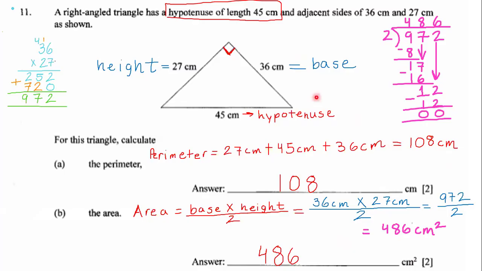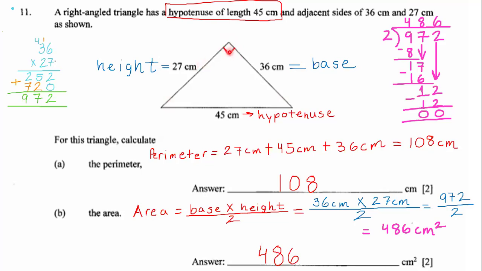How did you get 36 as the base? The thing is that you always look for the right angle. If they have a right angle, then whatever two sides are next to the right angle, one would be the base and the other would be the height.